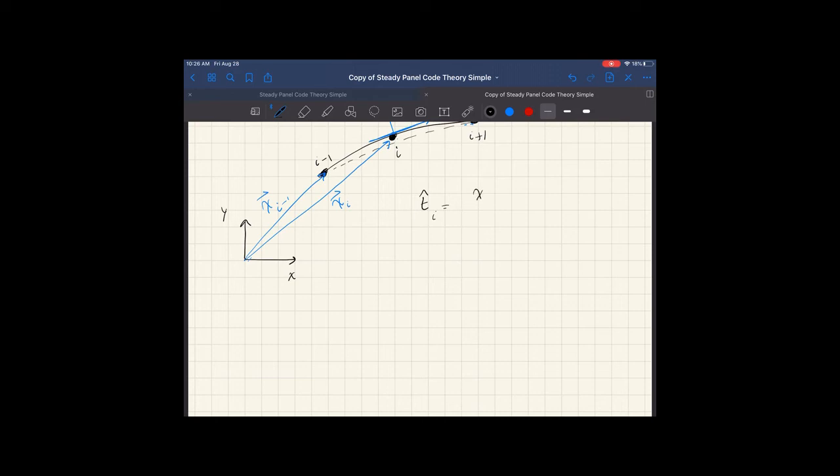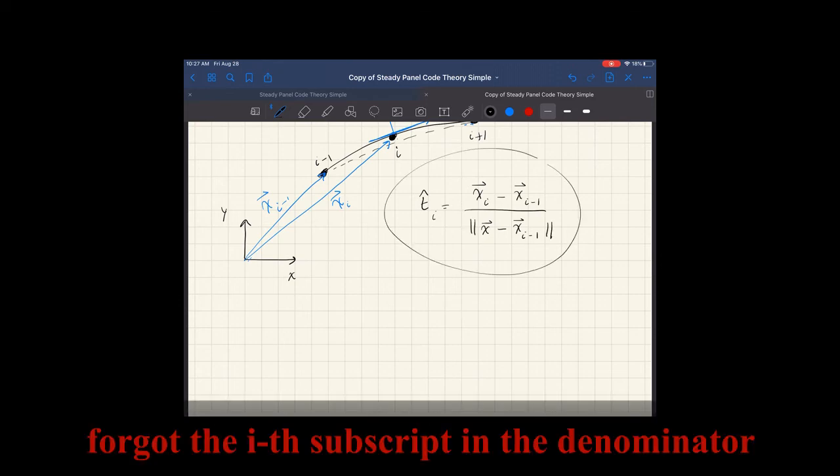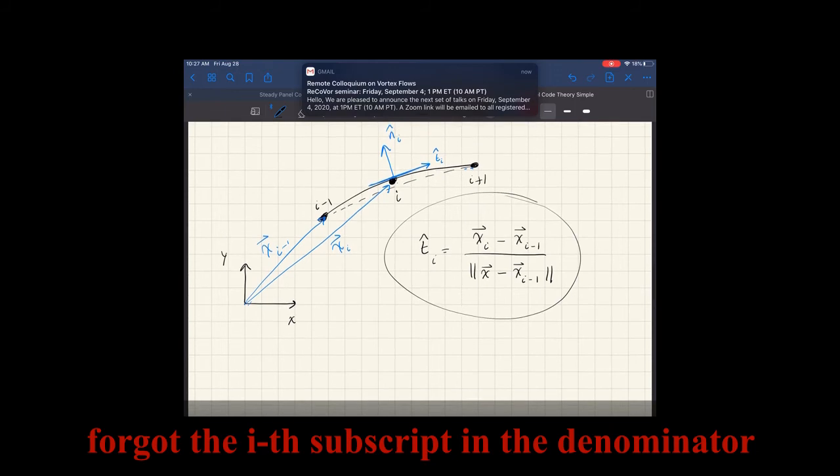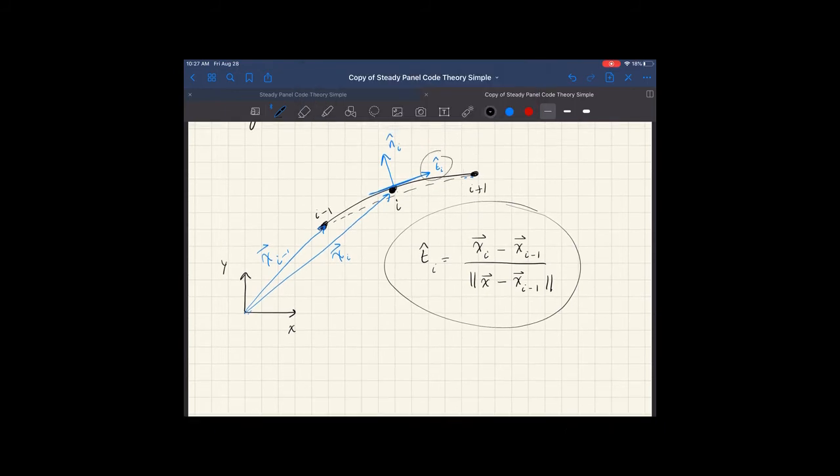But the tangential vector in this case would simply be x_i minus x_(i-1), divided by the norm, or the magnitude, of the difference between the two vectors. So this right here is the tangential unit vector of collocation point I, which is represented here.